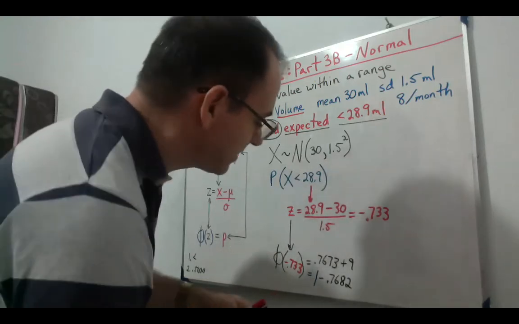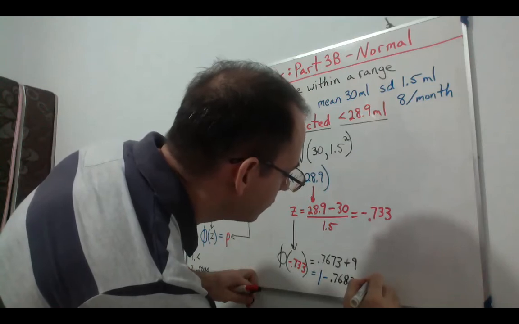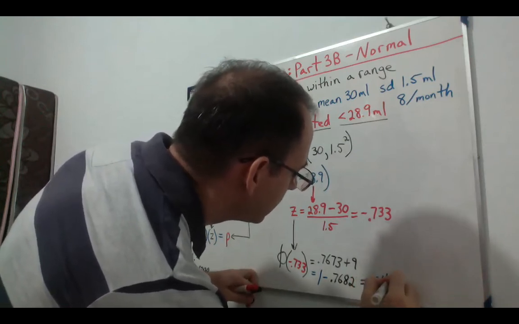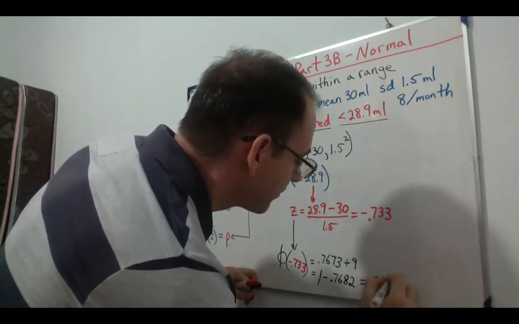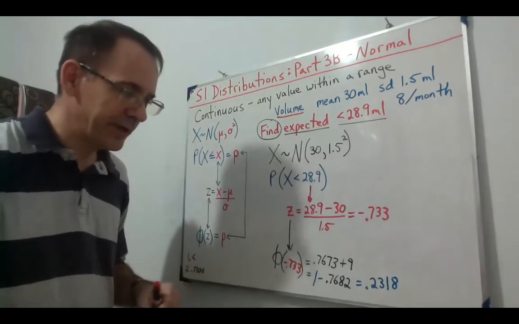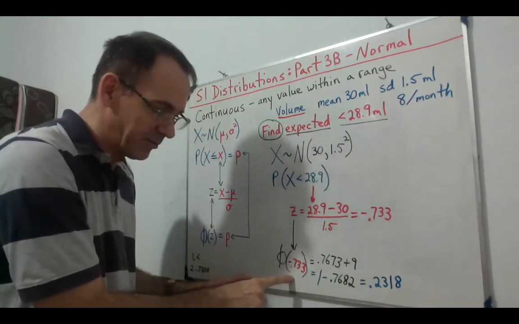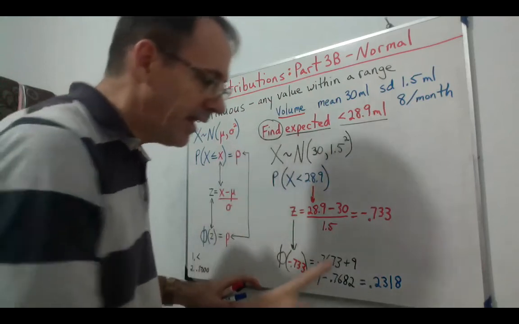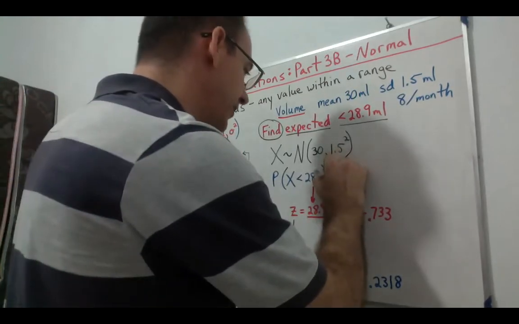So 1 minus this gives us 0.2318. So we get 0.2318. This is our probability for the negative 0.733 standardized number.